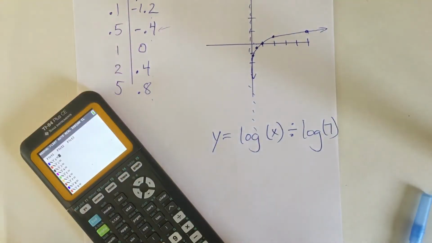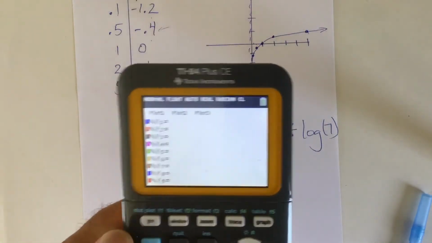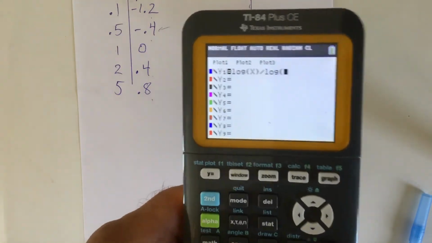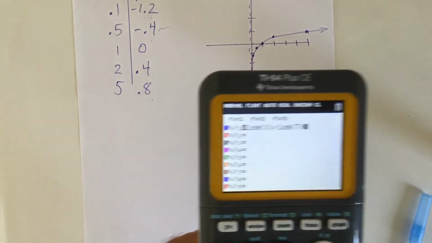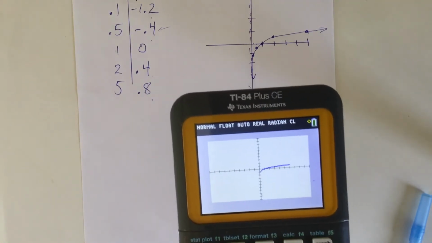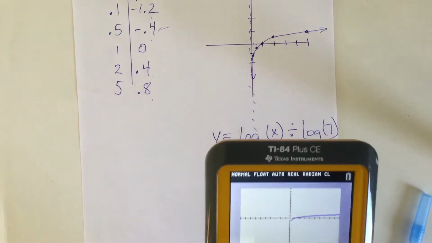Whoops, I'm running out of room there. That's what I'll have to enter to get it to draw it. So I say log x, close the parenthesis, divided by log 7, close the parenthesis. And now if I hit graph, here's my picture. Yep, that's my picture. Hey, it looks just like the last one.